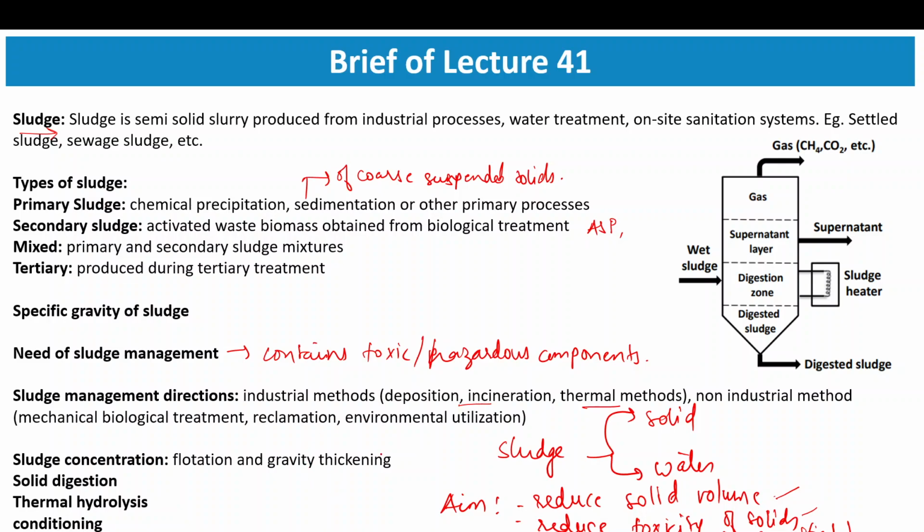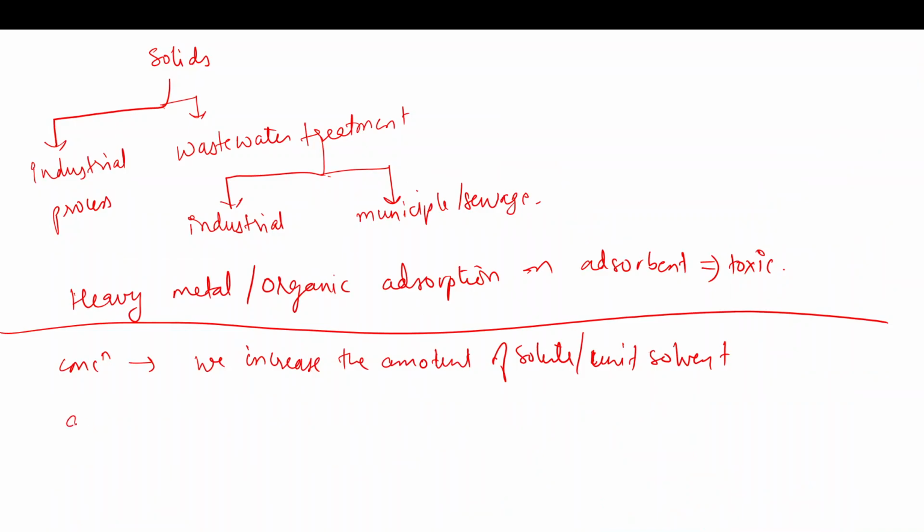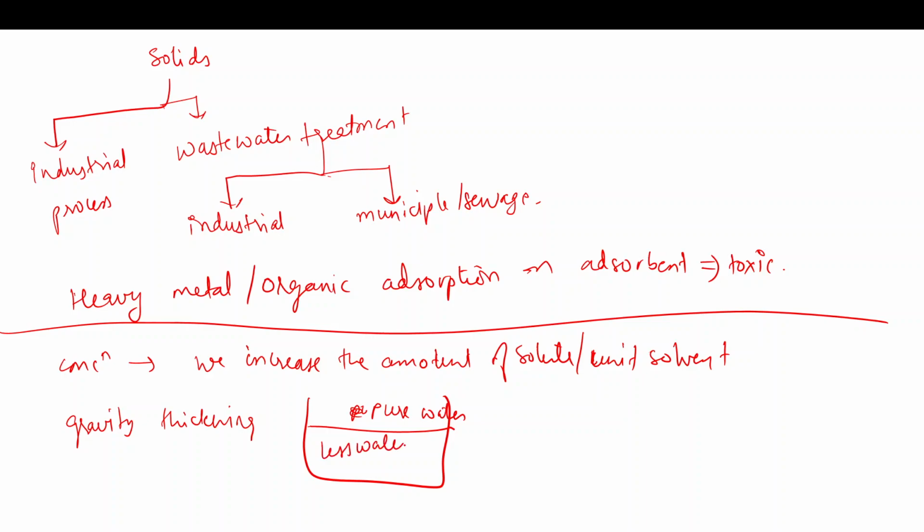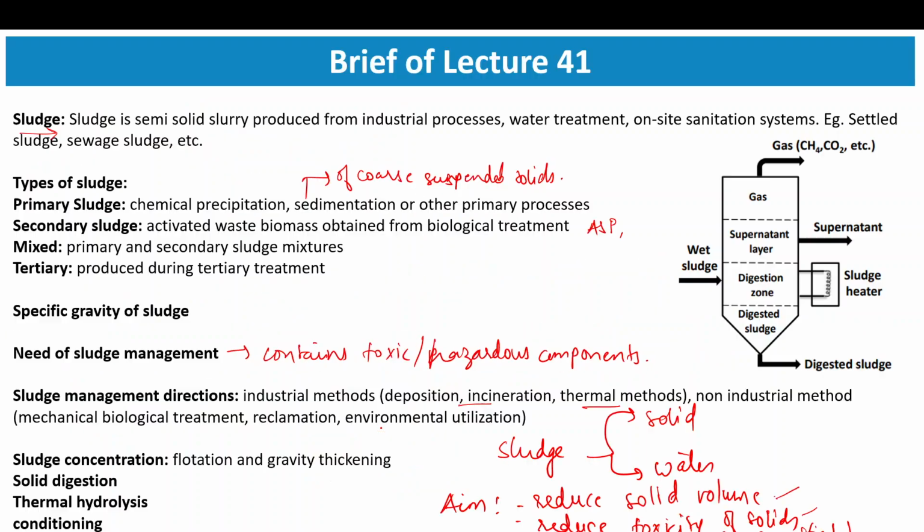So in case of gravity thickening, there will be two layers: somewhat pure water, and less water plus solid. That does not mean that this will have just pure solid, but the amount of water will be relatively lesser as compared to feed.